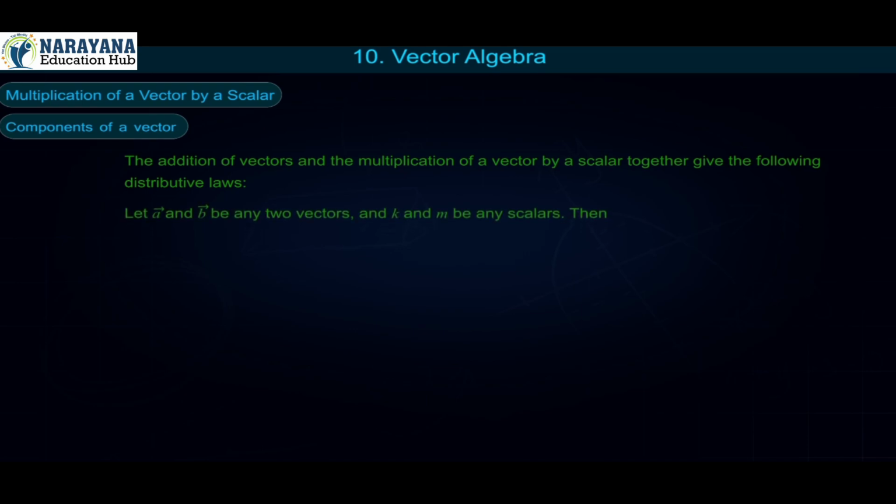Let vector A and vector B be any two vectors and k and m be any scalars. Then, number 1, k into vector A plus m into vector A is equal to (k plus m) into vector A. Number 2, k into (m vector A) is equal to km into vector A. Number 3, k into (vector A plus vector B) is equal to k into vector A plus k into vector B.